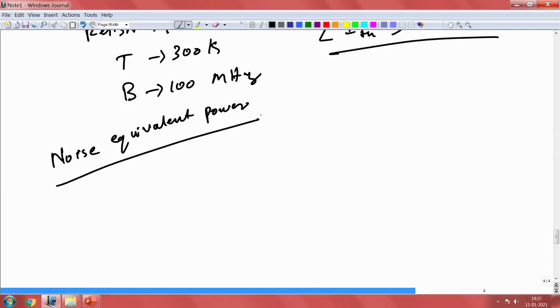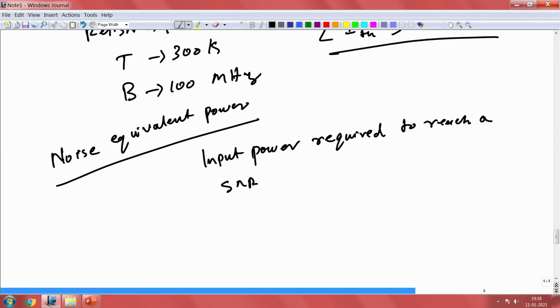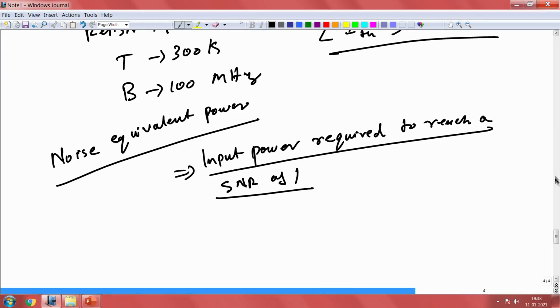It is defined as the input power required to reach an SNR of 1. That is what noise equivalent power is.